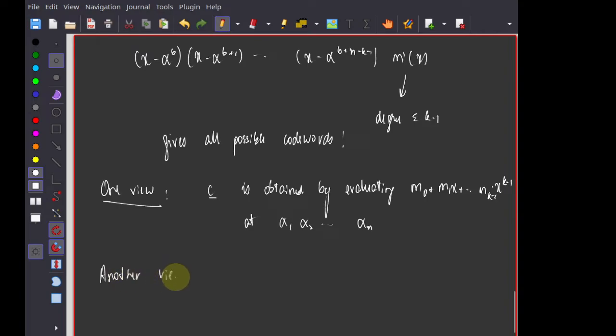So another view of conventional Reed-Solomon codes is the following.